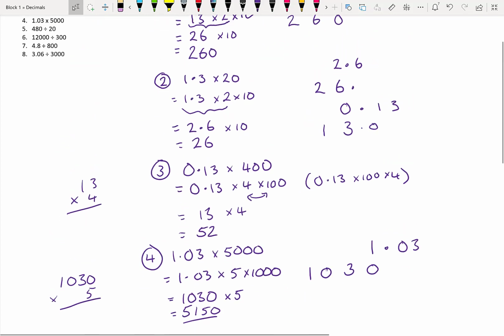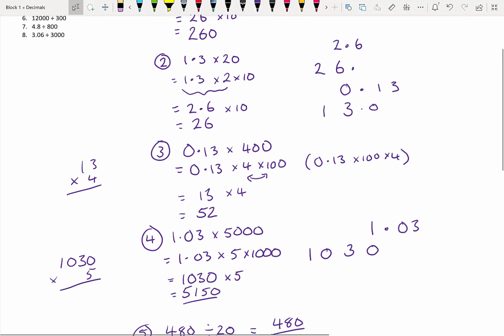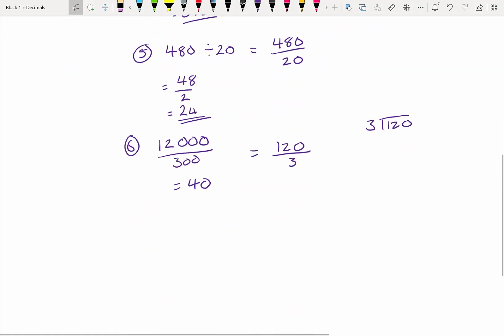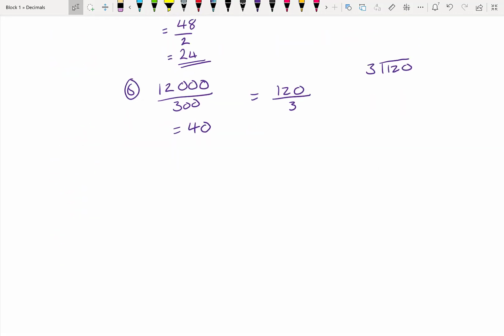Example 7, we've got 4.8 divided by 800. So we'll have a look at this one another way, because I know that a lot of us are going to be tuning out at this point. We're not happy with our fractions. So is there an alternative?